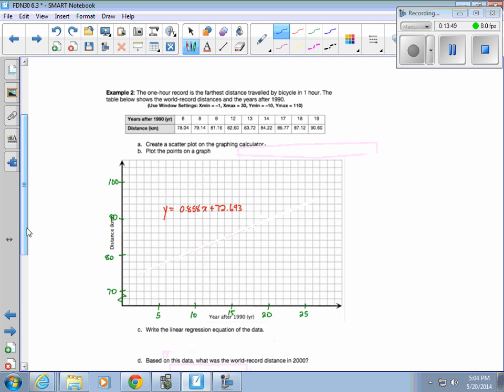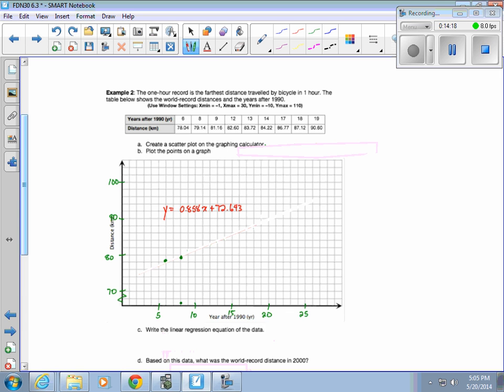So 78.04, going to be approximately, well, it should almost be right on the line. The next one was at 8 and 79.1. Oh, sorry, that was at 6. Oh no, that was supposed to be at 6. So 8 and 79.1, so it's going to be a little bit higher.